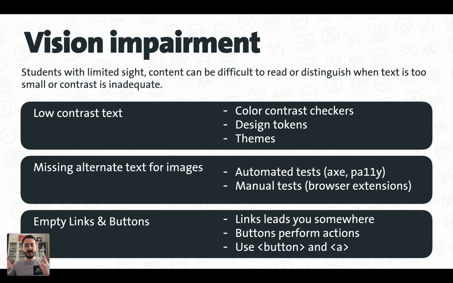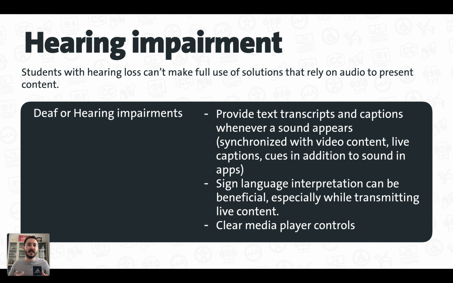So those are the tools and the techniques that we can use to accommodate an online learning platform for people, or in this case students, with vision impairment. Let's see about hearing impairments, so deaf or hard of hearing.